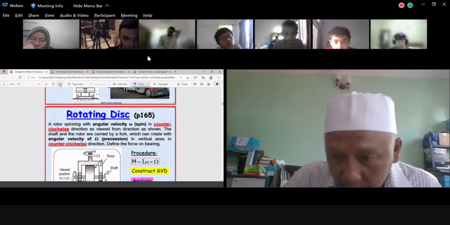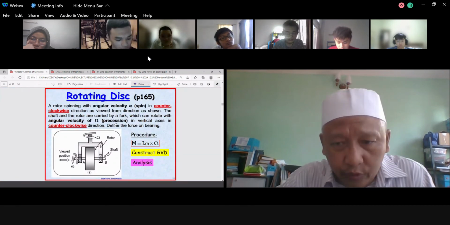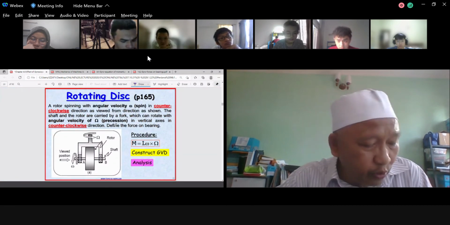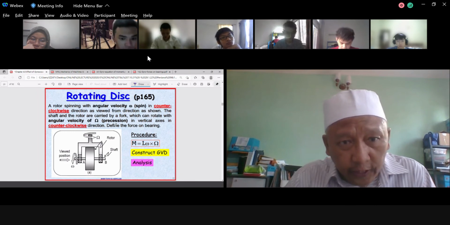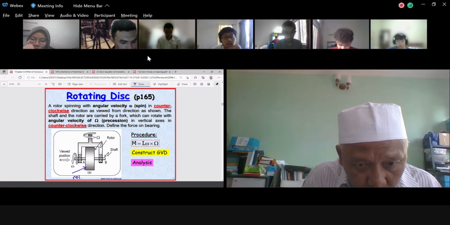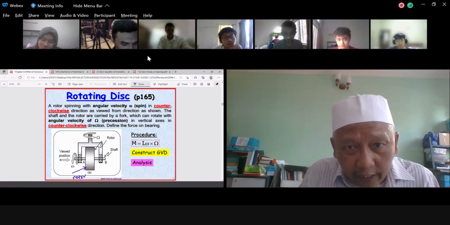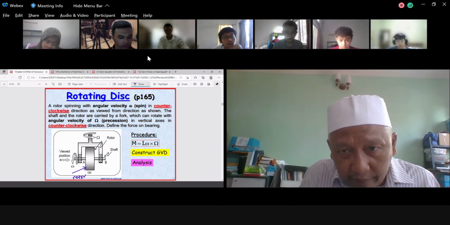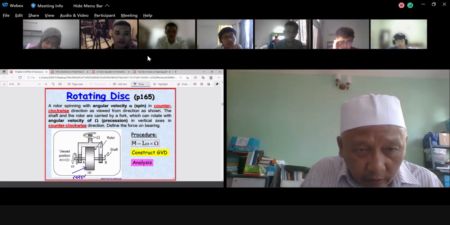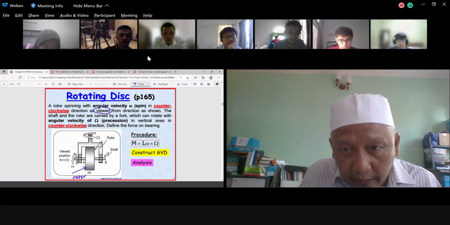Okay, I'm going to start with a very simple one here, class. On page 165, you have this in your notes. You have a rotor spinning with angular velocity in the counterclockwise direction, viewed, as they mention, from the direction shown.